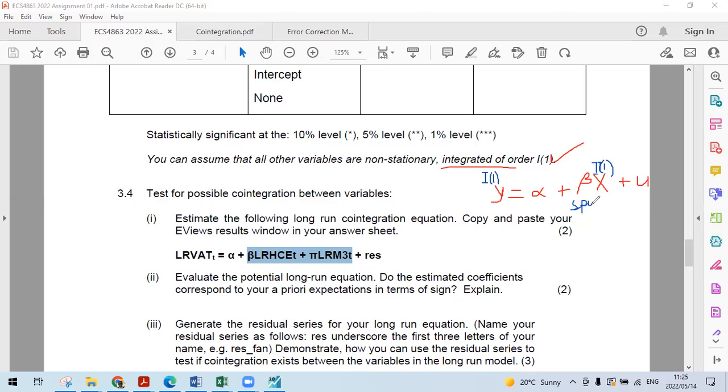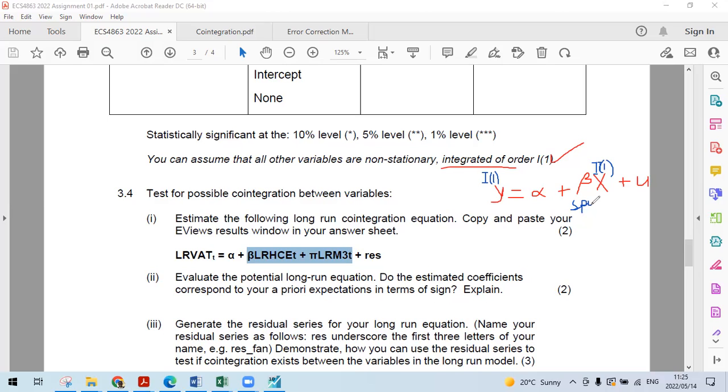So what is it that we want to do? Let's use the residuals method to test for co-integration.